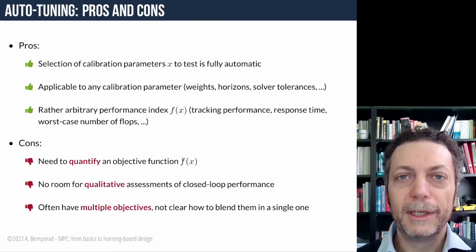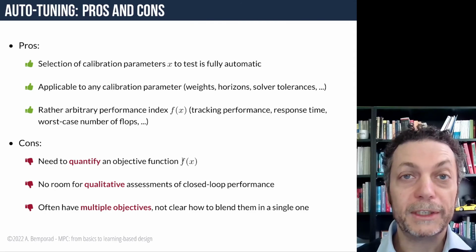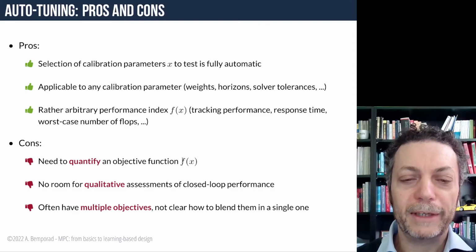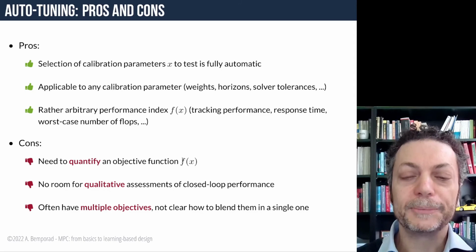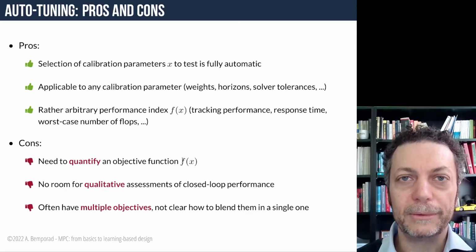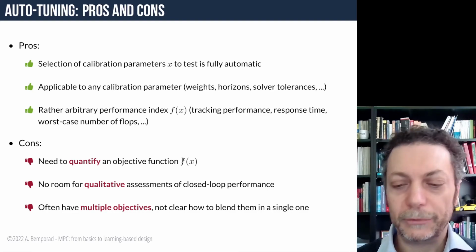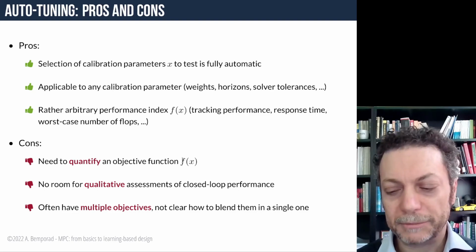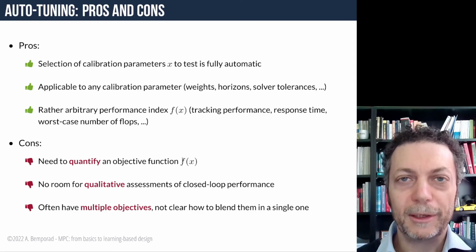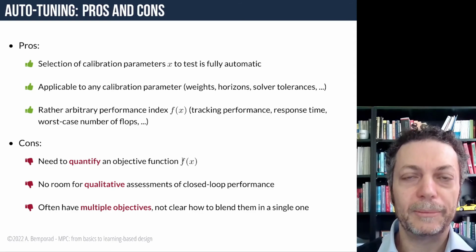For example, you may have a weighted sum of different objectives, but what the weights should be is not clear. And different people may have different ideas on how to assign a value to an experiment. And there is no room for qualitative assessment of the experiment. So if you look at two closed loop results, you say, okay, this looks nicer than this one, but quantifying this in an objective function may not be easy.